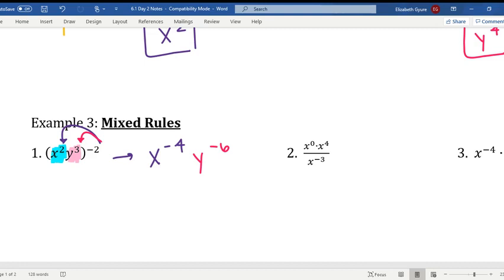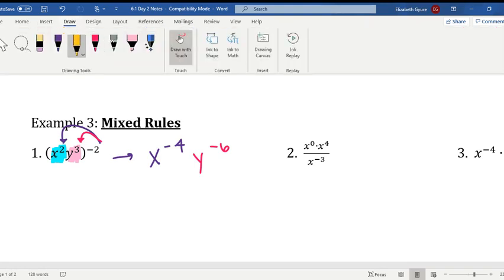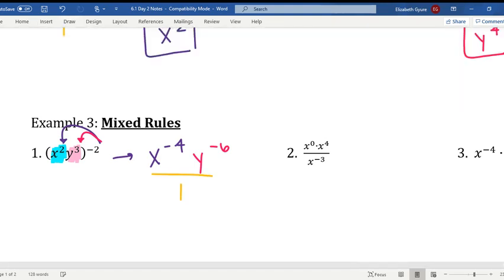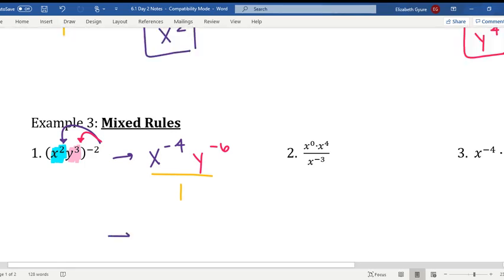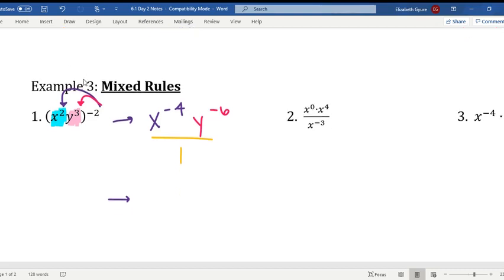So I know I'm going to have to take these and move them. So to kind of make it a little easier to look at, let's turn it into a fraction so we know where everything needs to move. So if you have x to the -4th, we can't have that negative exponent, so we want to move it and lose it. So we're going to take our x to the -4th and move it to the bottom and lose the negative.